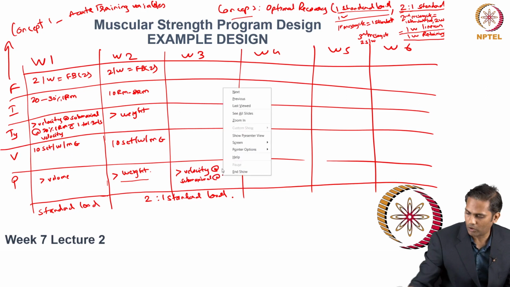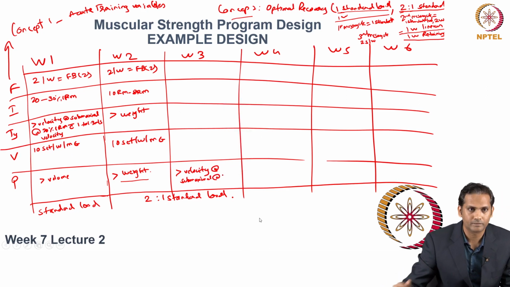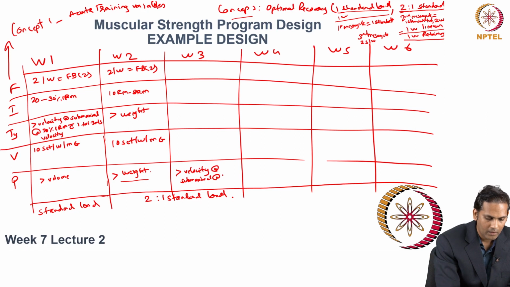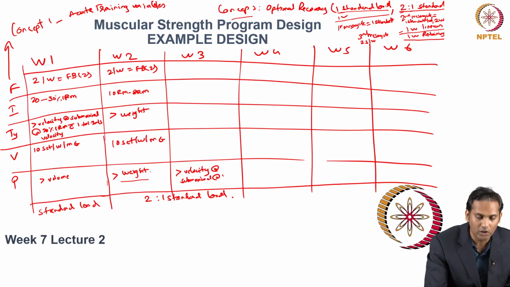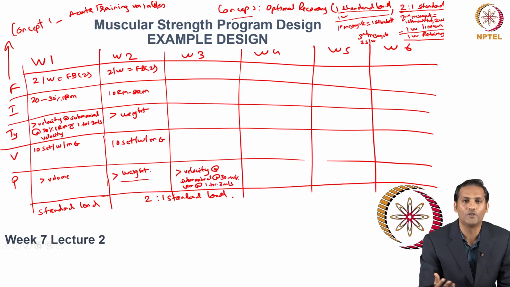Previously the load was 20 to 30% of 1 RM. Now you may give a progression from 20 to 30% of 1 RM to around 30 to 40% of 1 RM and try to lift at 1 to 1.3 meter per second of velocity. Now you have created a cycle of stimulation.